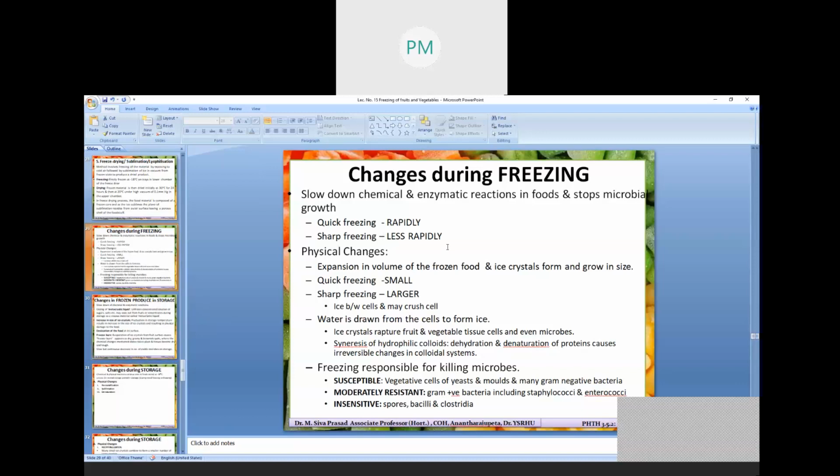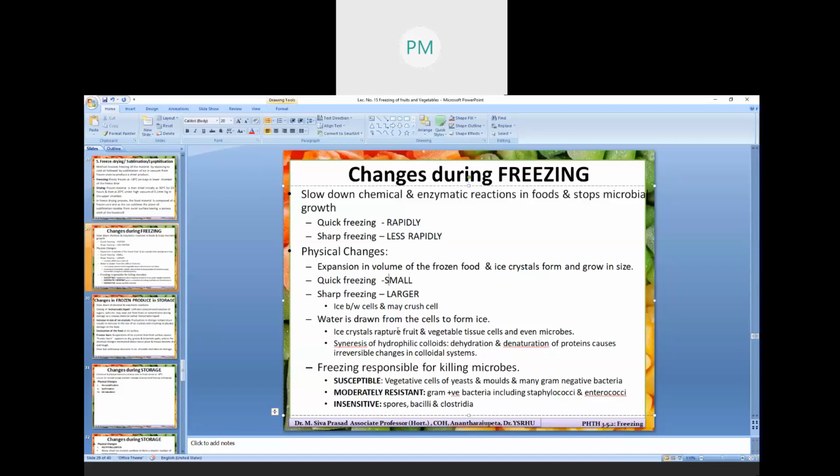Since the foodstuff is frozen either by quick freezing or sharp freezing, there will be formation of ice rapidly in quick freezing, and less rapidly in sharp freezing. Even the physical changes like changes in volume and formation of ice crystals are different in quick freezing and sharp freezing.